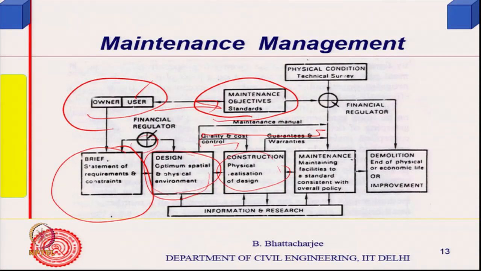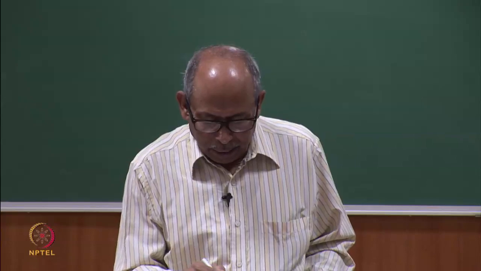Then followed by construction, after which, as built, you are also given guarantees and warranties and all that. Once the objective is known, the guarantees and warranties are known, and the maintenance manual is available to me, every 5 years I survey the physical condition, maybe every year I do some inspection, and then the financial situation, I see whether I can maintain this building or not.